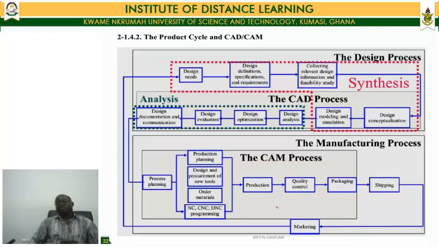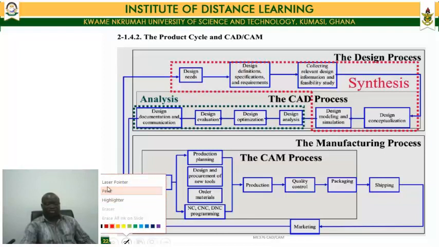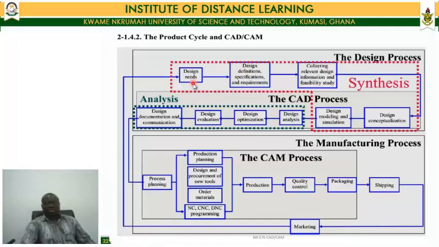Now, in the design process, a design process basically starts with a design need. Then you have the definition, specification, and requirements.